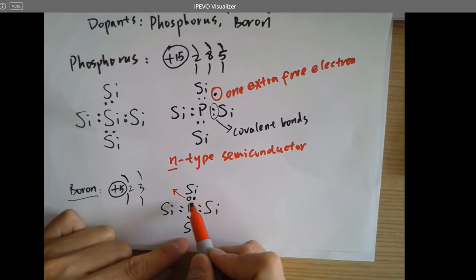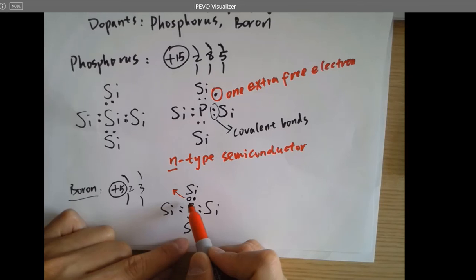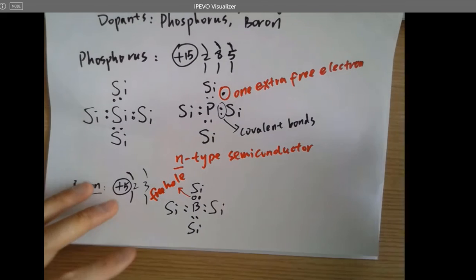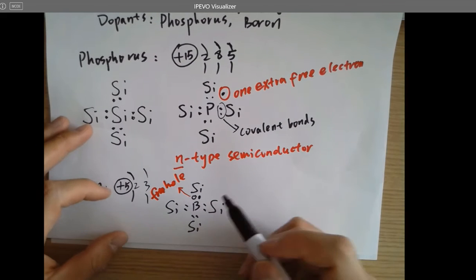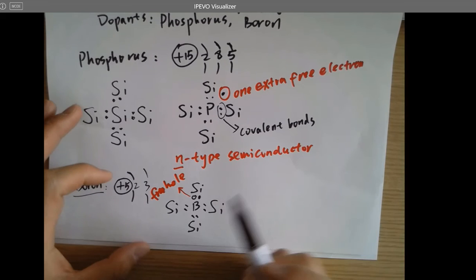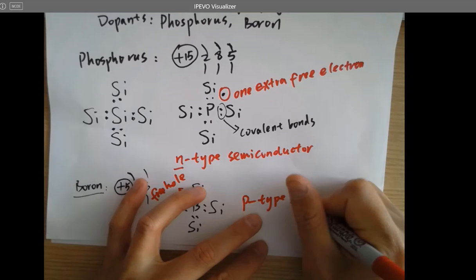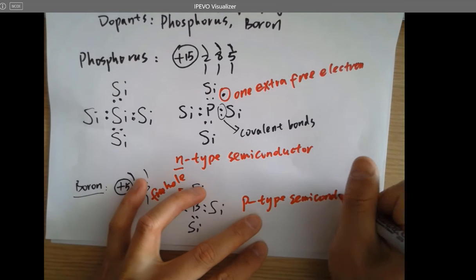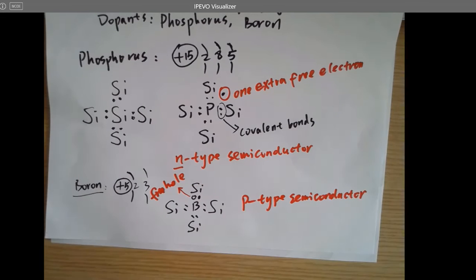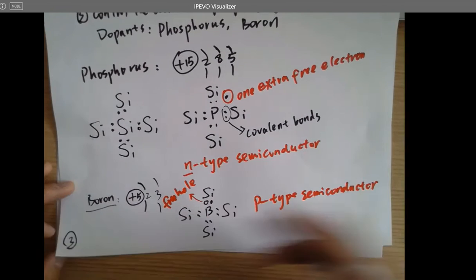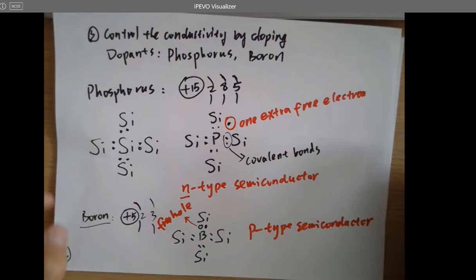So a hole is the absence of an electron in the lattice. So a free hole will appear in this mixture. We call this type of semiconductor a p-type semiconductor. All right, so these are the 2 main types of semiconductors we have. Any questions so far?